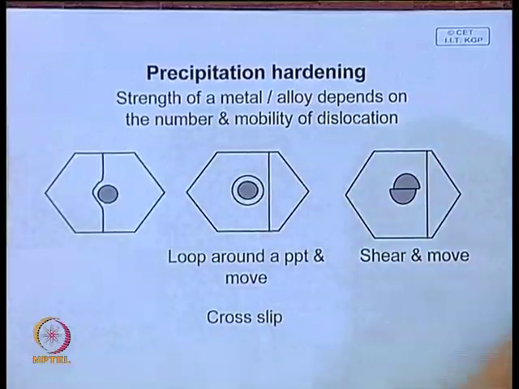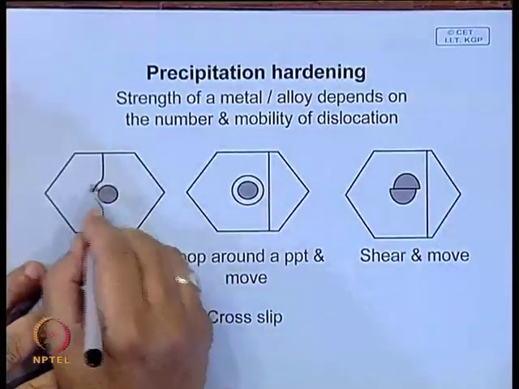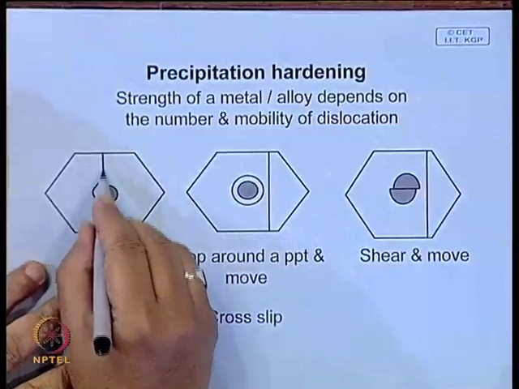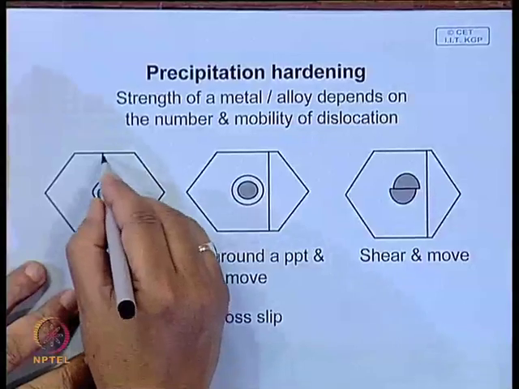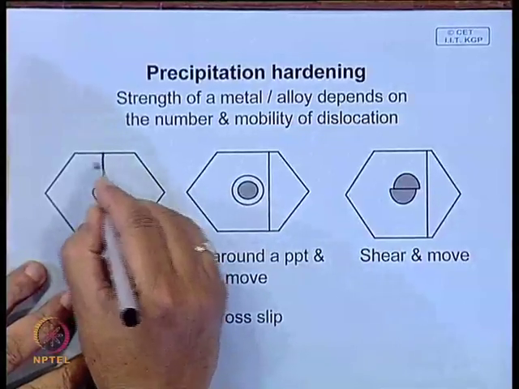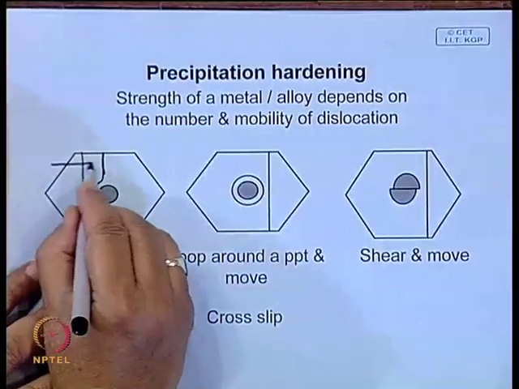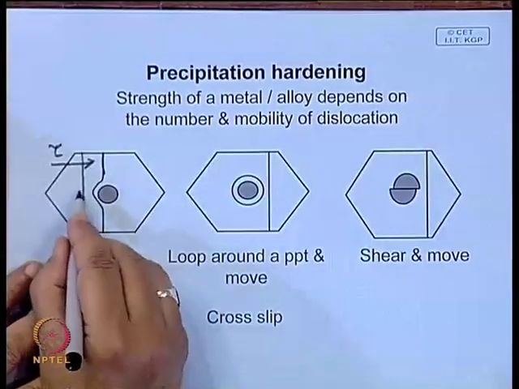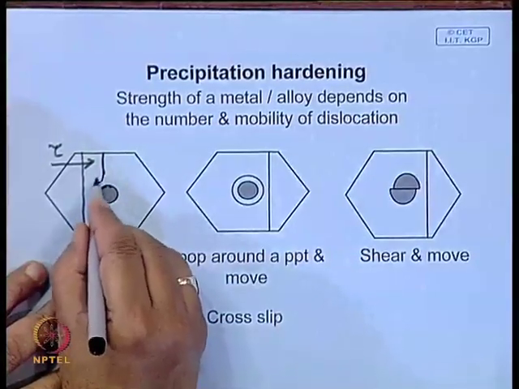Now, let us look at the process of hardening. What we said is that the strength of a metal depends on its ability to move a dislocation in the lattice. Suppose this is a grain, this is a precipitate, and you have a dislocation. Somewhere here it will be straight, and when you apply shear stress tau, you push the dislocation, and now the precipitate opposes the dislocation movement.